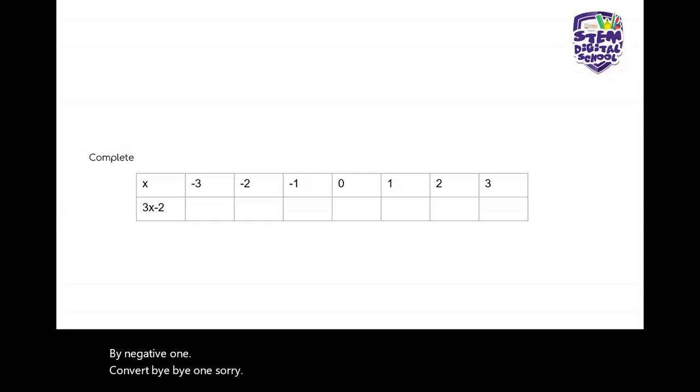Remember, it's actually positive 3 multiplied by negative 1. So I agree with you. And this will give you negative 3 minus 2, which will be negative 5.